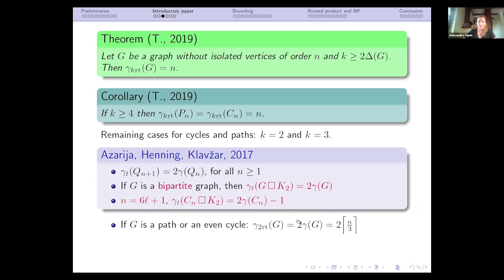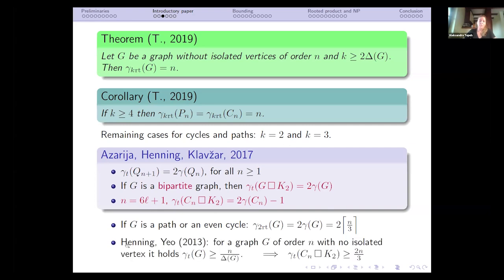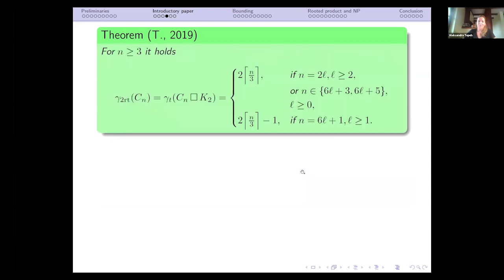So that was already known, and also by the result of Henning and Yale, they proved this bound on total domination. You get this. So the case K equal to 2 was not that hard. I mean, not hard at all, because we could use all those known results to derive this complete formula.